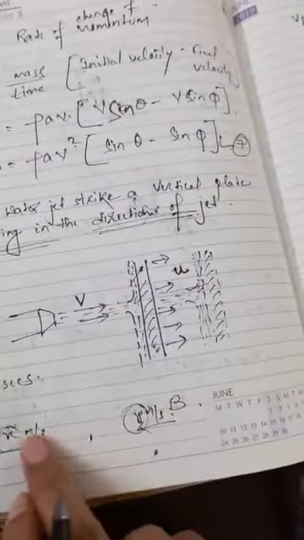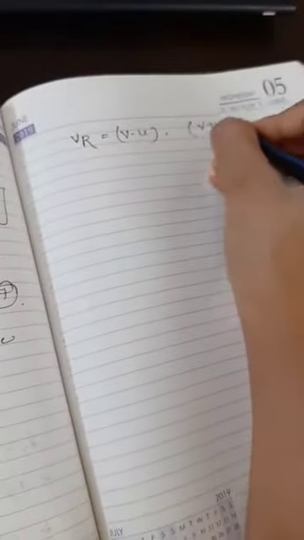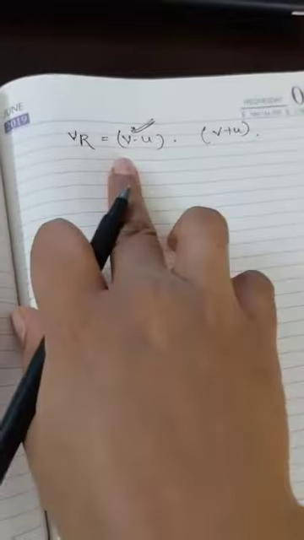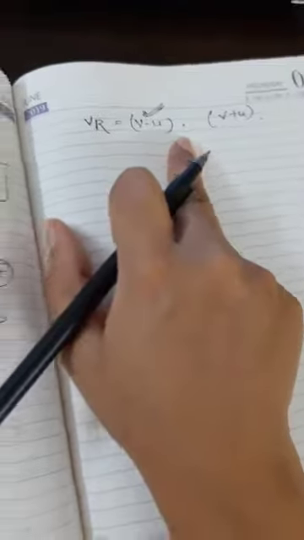And if the bodies are in opposite directions, the velocity would have been v plus u. But now my case is in the same direction, so the relative velocity here comes to be v minus u. So to find out the force in the direction of motion, in the direction of the jet, what we have to do?